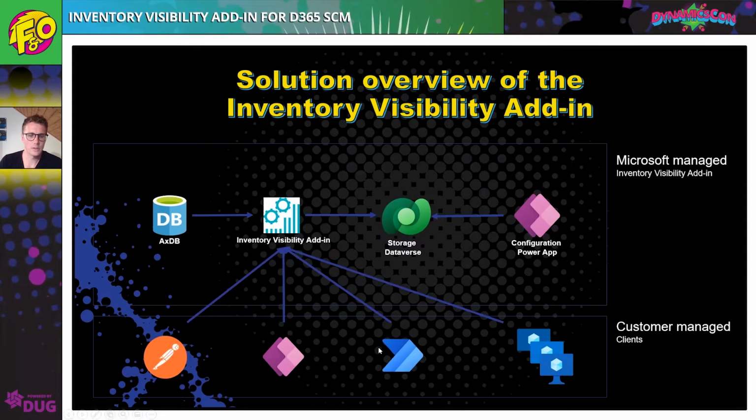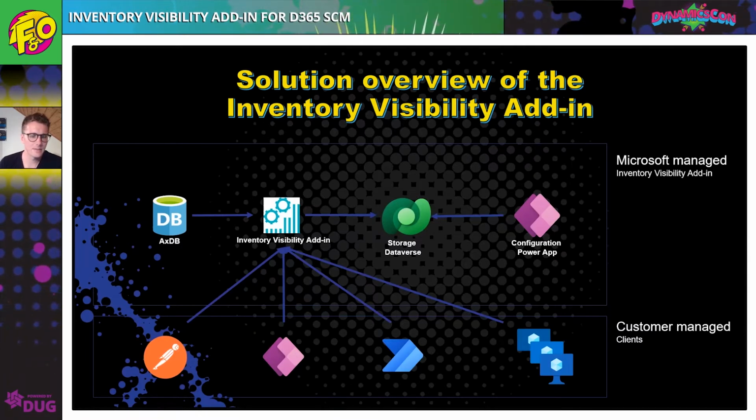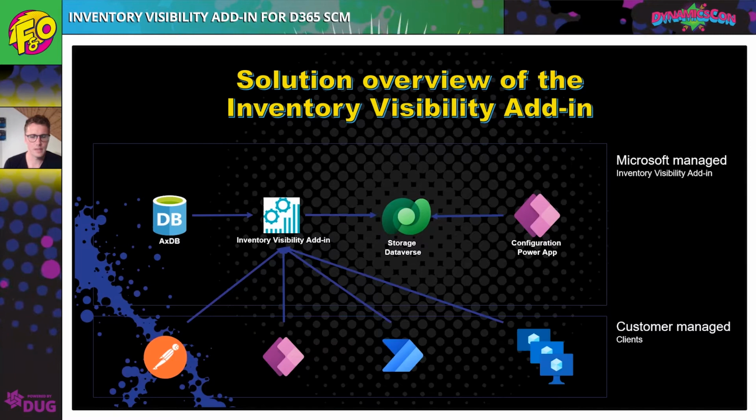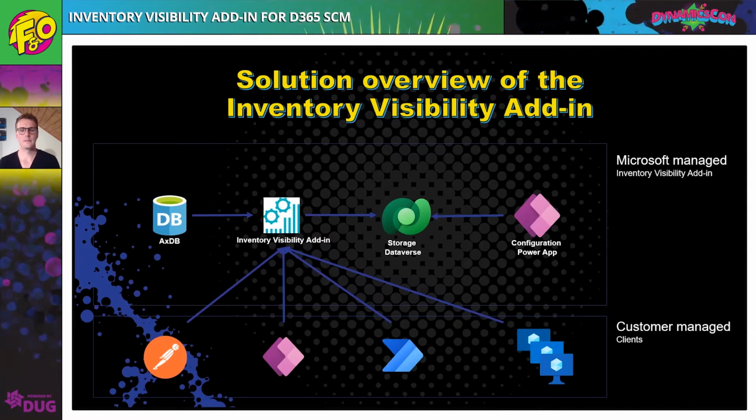What is also shown here in the solution overview is the customer managed clients. You see Postman, you see a Power App, you see Flow, you see different VMs. I will put it that way, that you use Postman or Flow for testing the inventory visibility add-in.